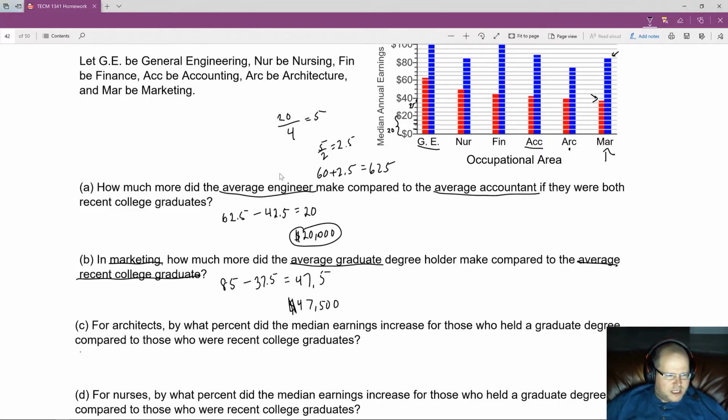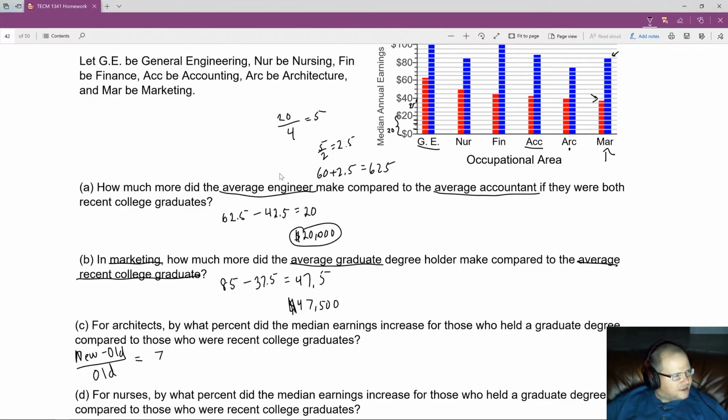It's going to be new minus old over old, and that's how you're going to figure it out. So what's the new one? Well, they want a graduate degree compared to the college graduates. So let's look at the graduate degree right here. We go all the way across here, and it looks like it's a little bit under 80, so that's going to be a 75.